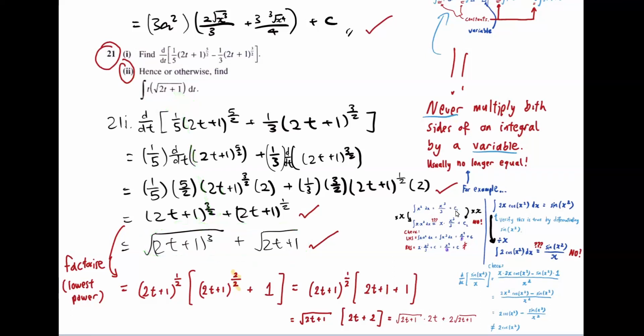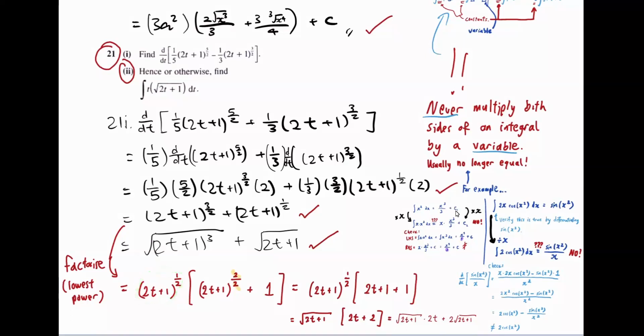So here is the trick you need to do. What you should have done is look at the previous line: power 3 over 2 and power 1/2. But the base, what's so special about it? The base is the same. So you have a higher power and a lowest power, and you always factor out the lowest power, which is what I did over here: 2t plus 1, the same base, but you factor out the lowest power, which is 1/2.